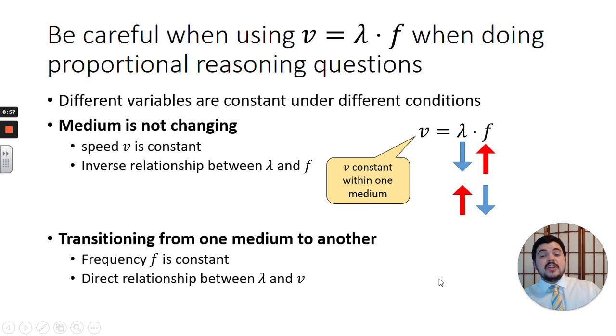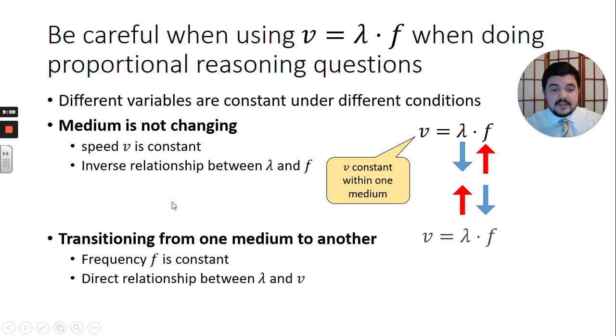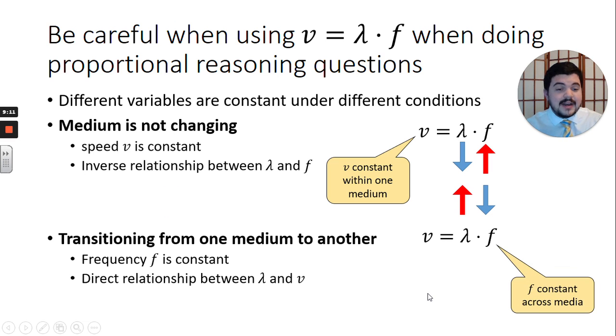If you're transitioning from one medium to the other, on the other hand, which is what we just described on the previous slide, frequency f is what is constant, and then we have a direct relationship between wavelength and speed. So same equation, but now it's f that's constant. So a decreasing speed means a decreasing wavelength, and an increasing speed means an increasing wavelength.